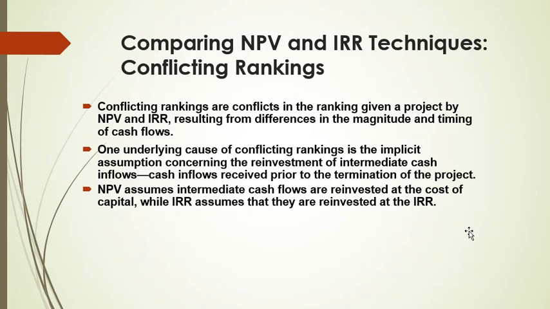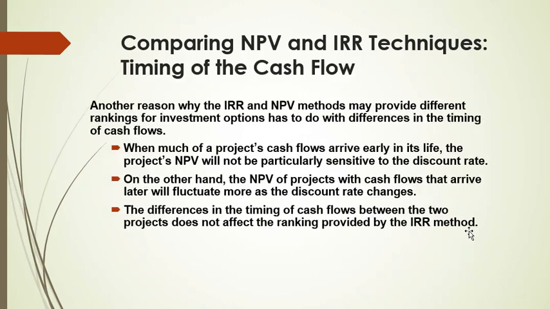So that is the interest rate that's going to be reinvested at. And that, especially for very profitable projects, might be unreasonable. So again, net present value assumes we reinvest at the cost of capital. The internal rate of return assumes that we reinvest at whatever the internal rate of return is.